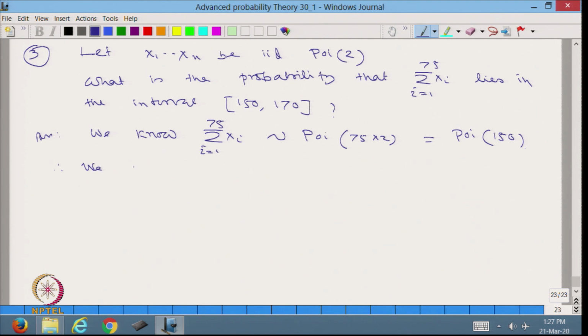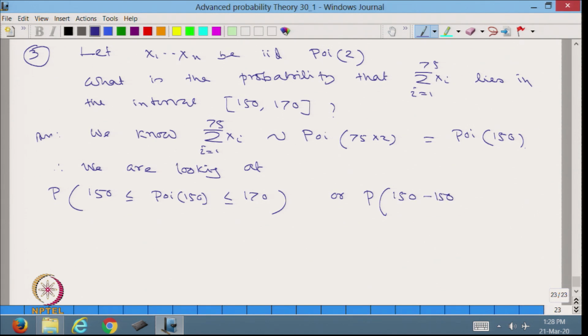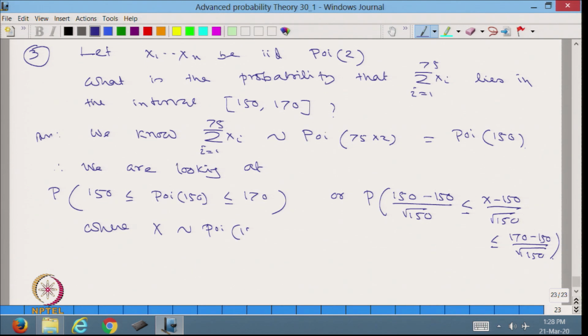Therefore, we are looking at the probability 150 less than or equal to Poisson with 150 less than or equal to 170, or the probability (150 minus 150) upon root over 150 less than or equal to (X minus 150) upon root over 150 less than or equal to (170 minus 150) upon root over 150, where X follows Poisson with 150.